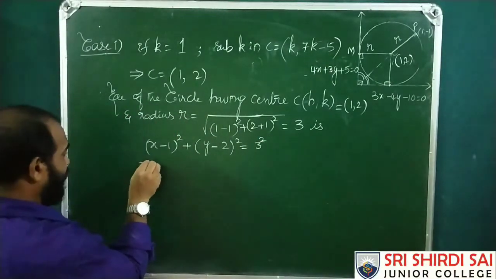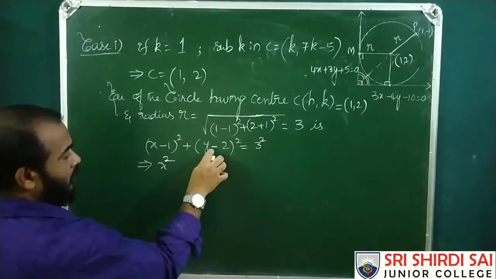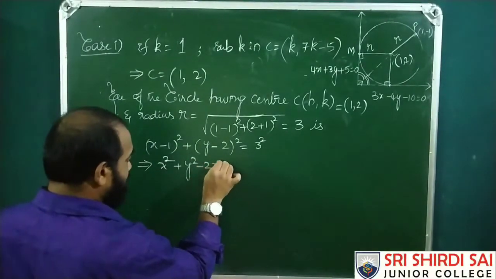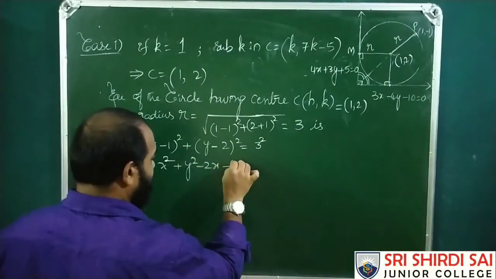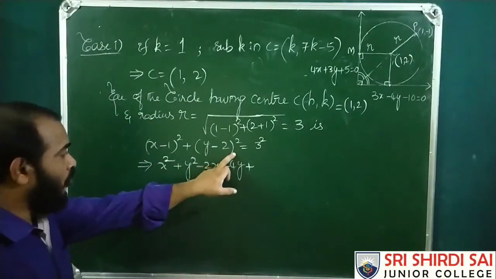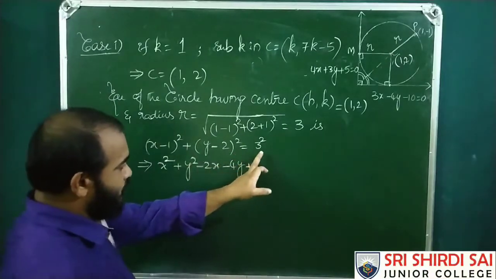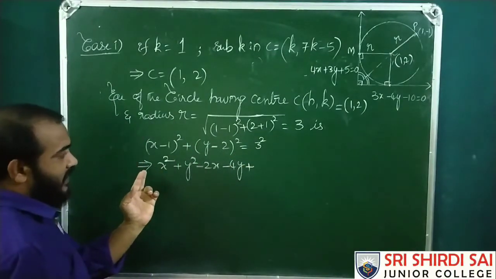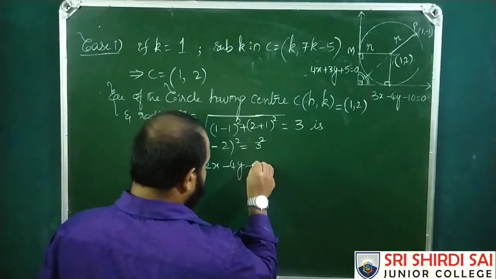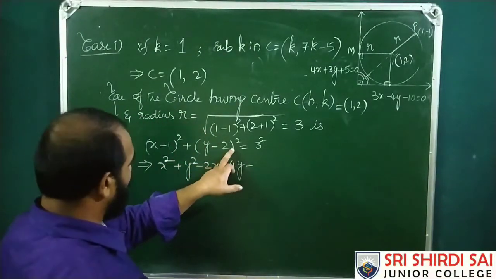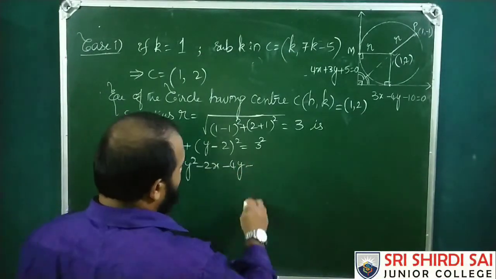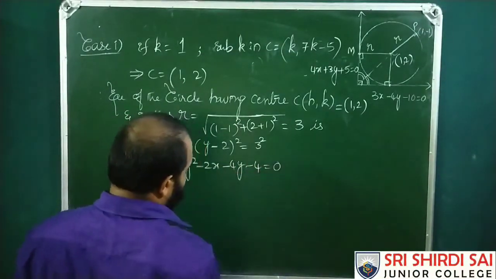So that implies x square plus y square minus 2x minus 4y plus 1 plus 4 is 5, this plus 3 square, if you bring this side, 5 minus 9, minus 4 equals 0.